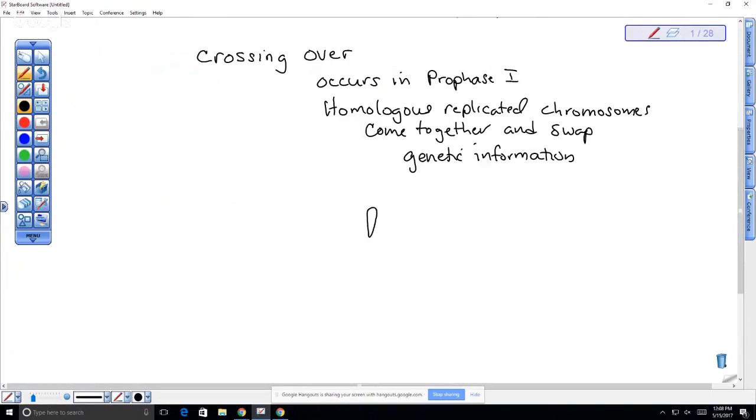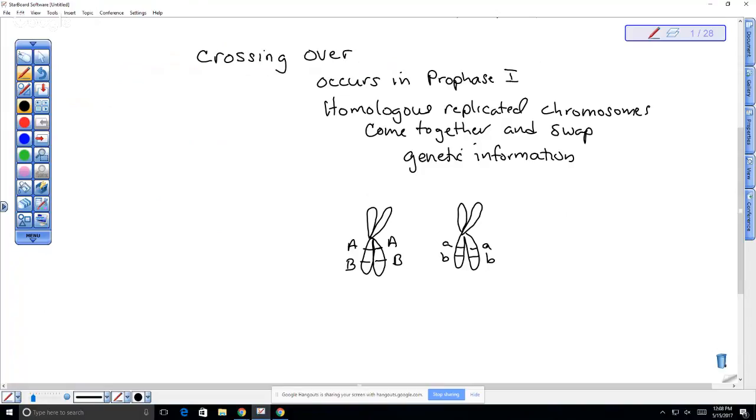So let's say I have one replicated chromosome, and I have a set of genes on this replicated chromosome that are A and B. And we'll talk about what those capital letters mean today. And then I have another set that has a different combination, different forms of the gene, little a and little b.